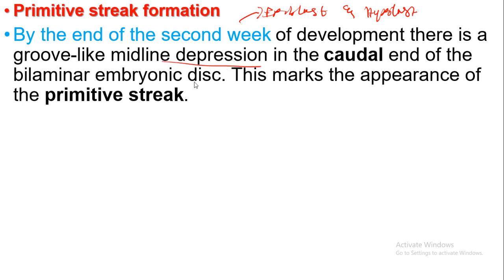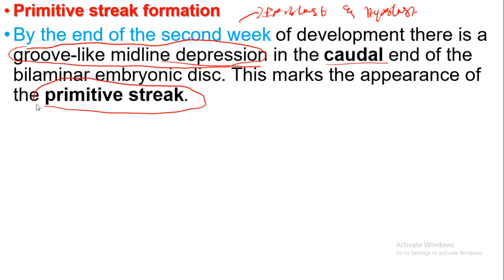So there is this depression in the caudal end of the bilaminar embryo. And this groove, it's more like a hole or a line. This groove just marks the appearance of the primitive streak, a groove-like structure.